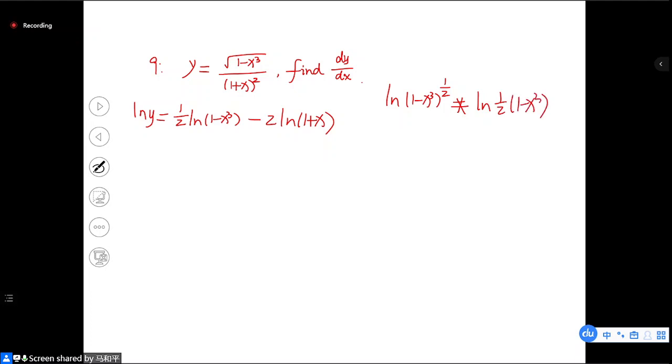We should be careful, this is wrong. The 1 over 2 should be written in front.